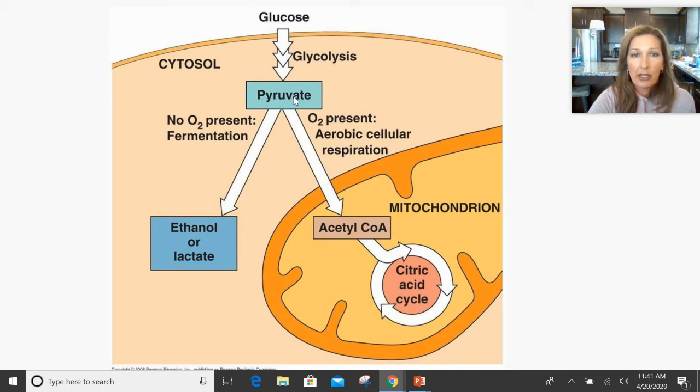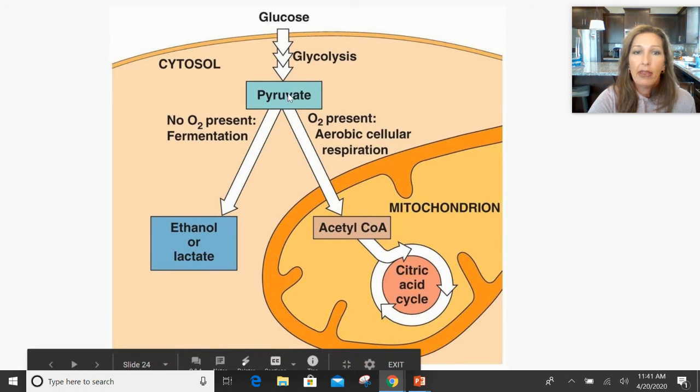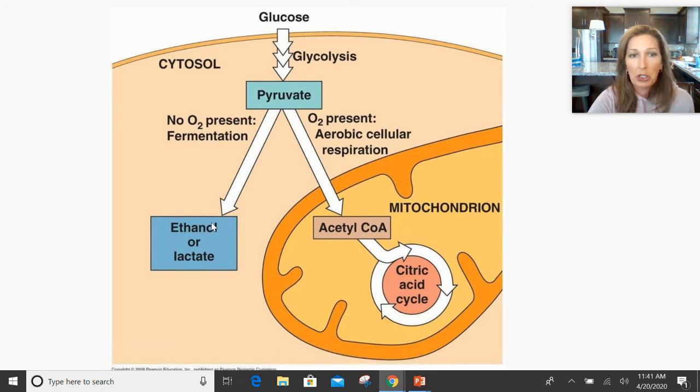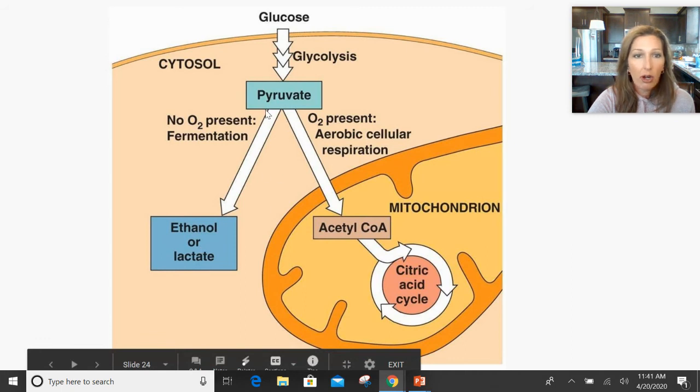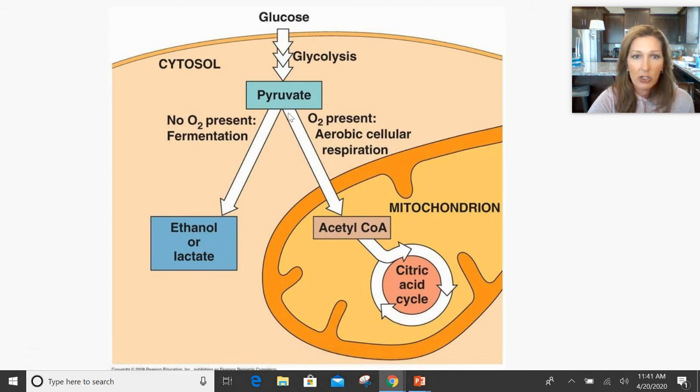If oxygen is present, then pyruvate will get transported across the mitochondrial membranes, and then these steps will happen. If there is no oxygen present, then this is where fermentation occurs. Different cells are going to have either alcoholic fermentation or lactic acid fermentation. Our cells do lactic acid fermentation.